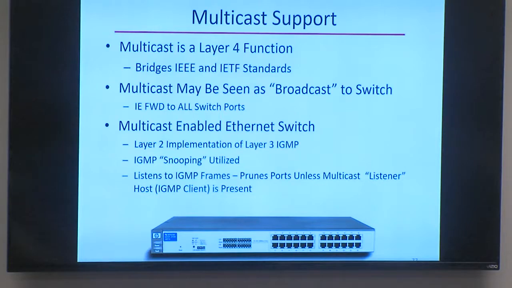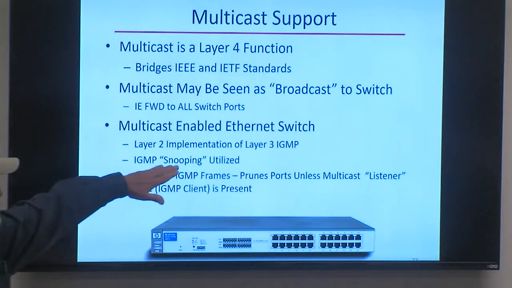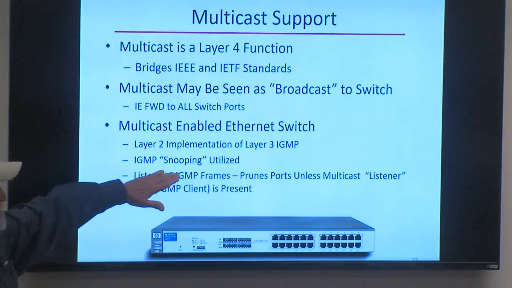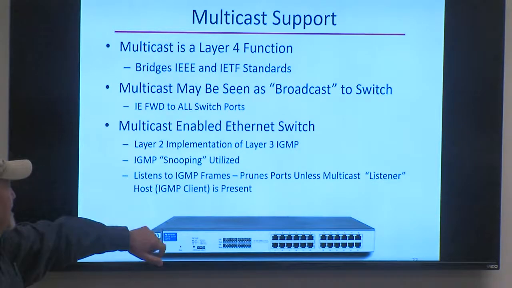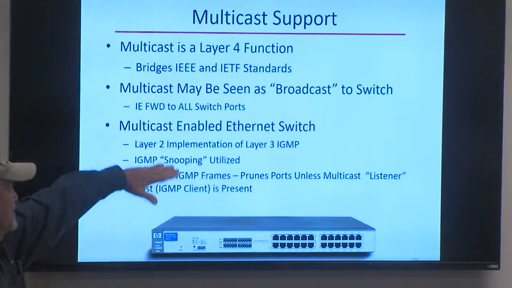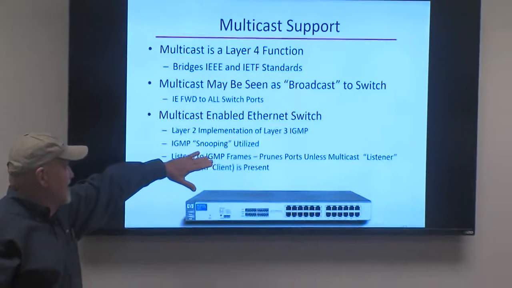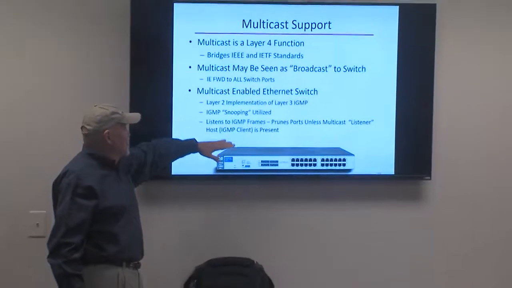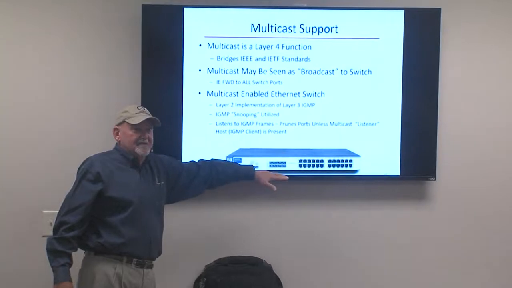We'll talk about IGMP more, but because Ethernet at layer 2 doesn't see anything above layer 3, in this case we need to look at layer 3, so they use what is called snooping to do that, where the switch simply listens to frames that have multicast traffic, and they quote prune ports.